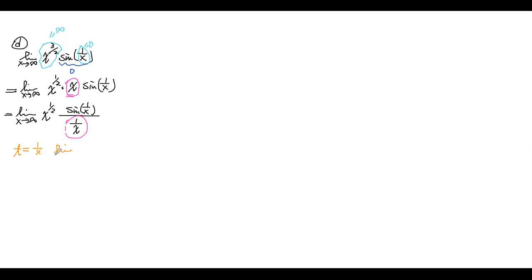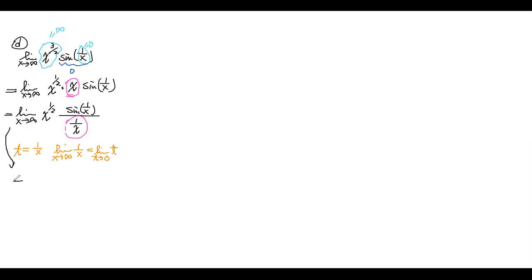So I know the limit as x approaches infinity of 1/x is equal to the limit as t approaches 0, because that's why you can switch that. So now let's take a look.